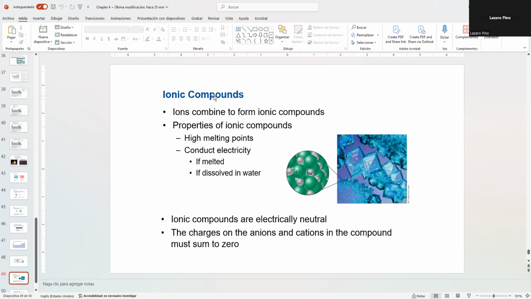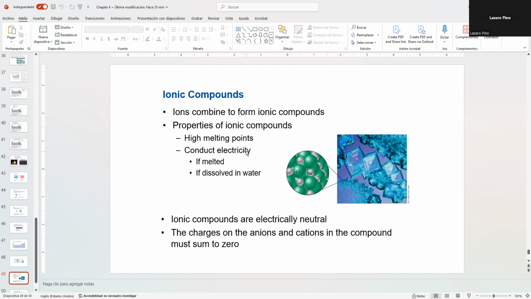The ionic compounds are made of ions. A cation and an anion join together and they make generally solid compounds. They have high melting points.